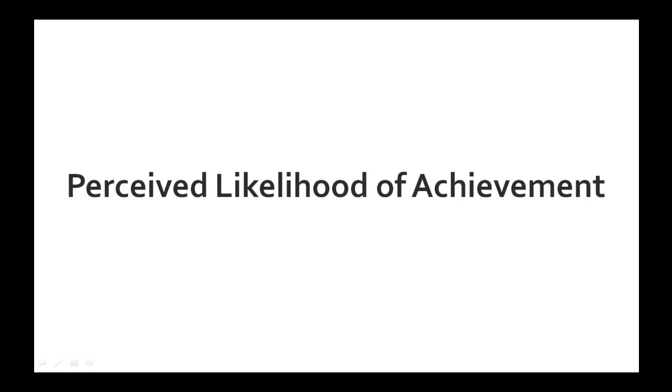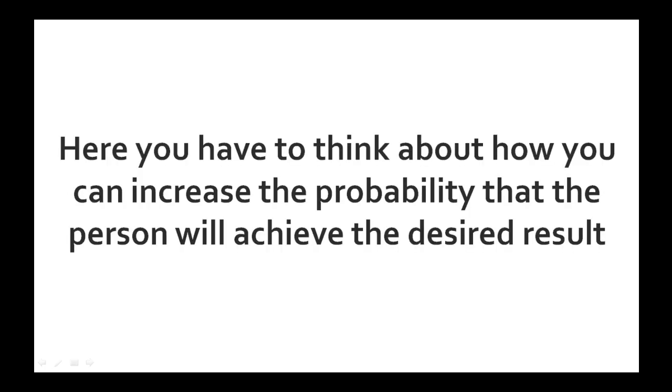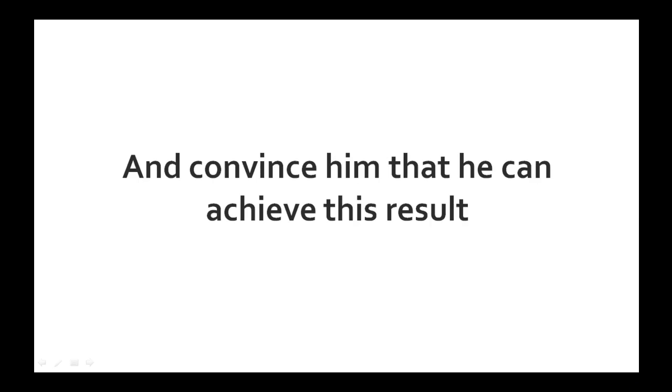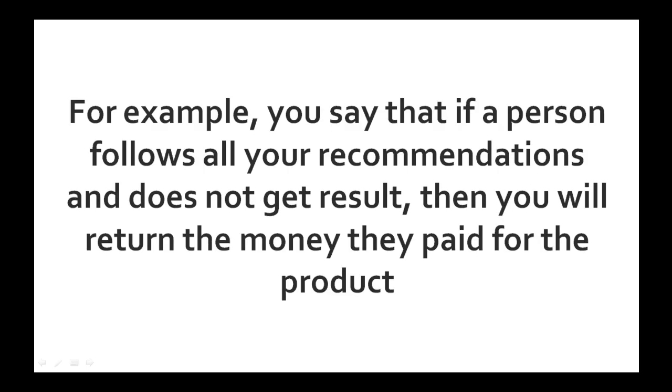Perceived likelihood of achievement. Here you have to think about how you can increase the probability that the person will achieve the desired result and convince him that he can achieve this result. This can be done with a guarantee. For example, you say that if a person follows all your recommendations and does not get a result, then you will return the money they paid for the product.